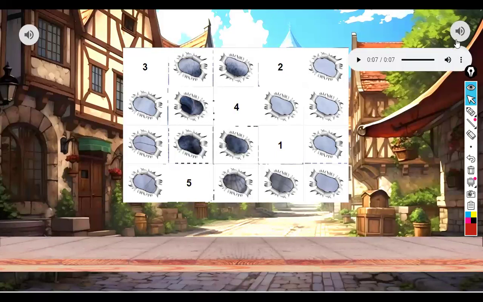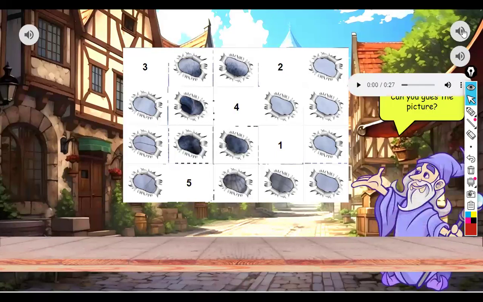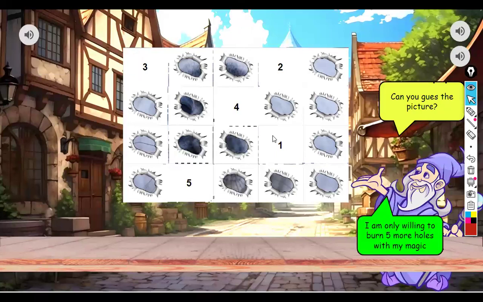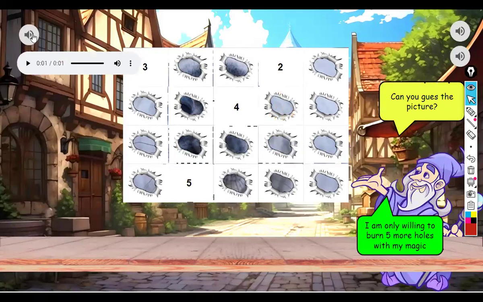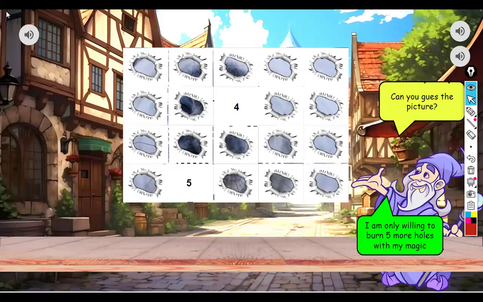I'm going to burn some more holes into this. The wizard will burn some holes here. It's not a rabbit, but good guess though. If I didn't know the answer, I probably would have said a rabbit. Reza, correct. Yeah, most people are getting it correct now.